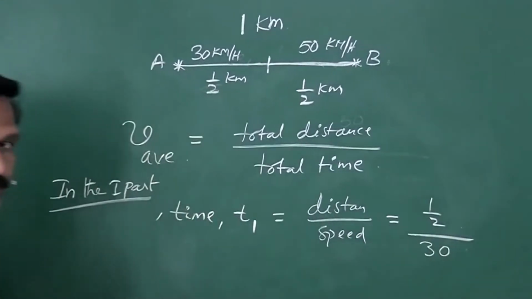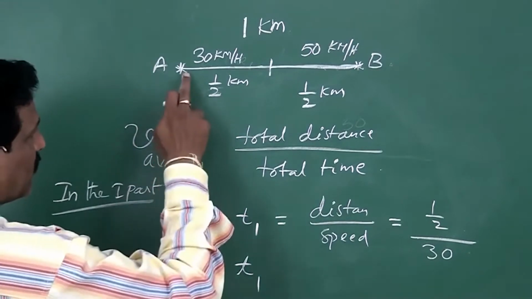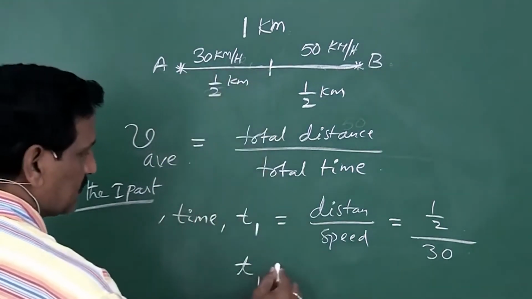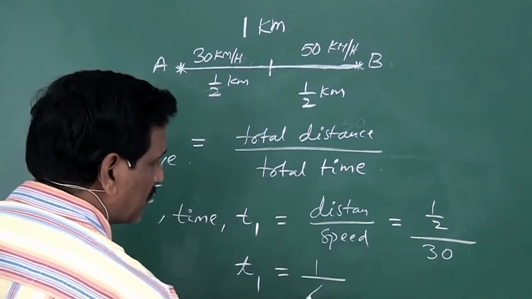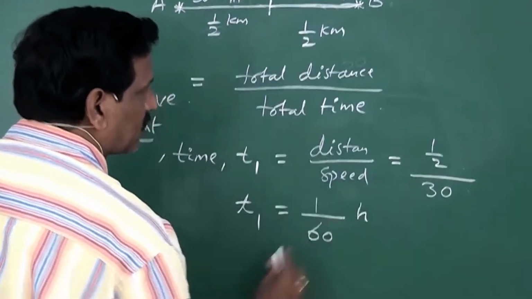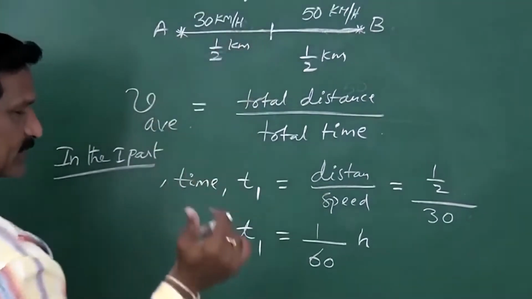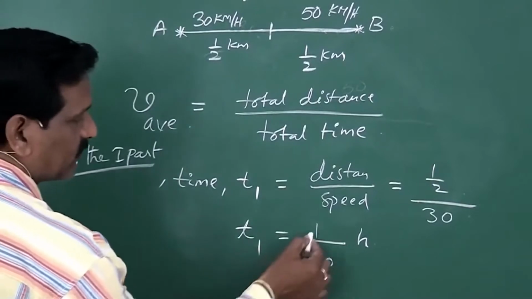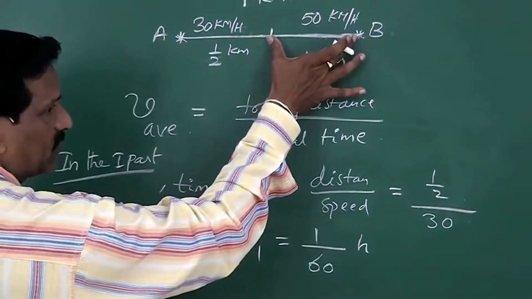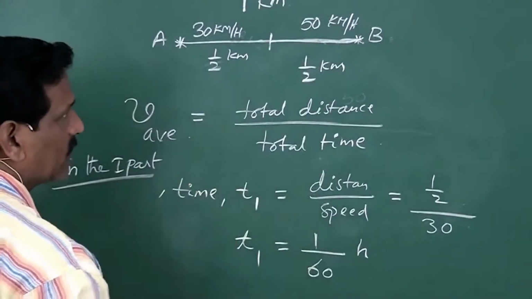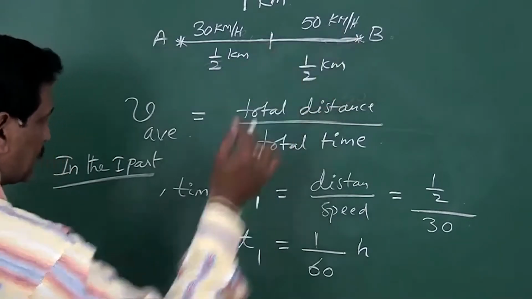Hence in the first part, the time taken to cover this half distance is t1 equal to 1 by 2 by 30, that is 1 by 60 hour, because this is kilometer per hour, so you get time in terms of hours only. So t1 equal to 1 by 60 hour. Similarly, in the second part, we have to calculate the time taken to cover this second half distance.